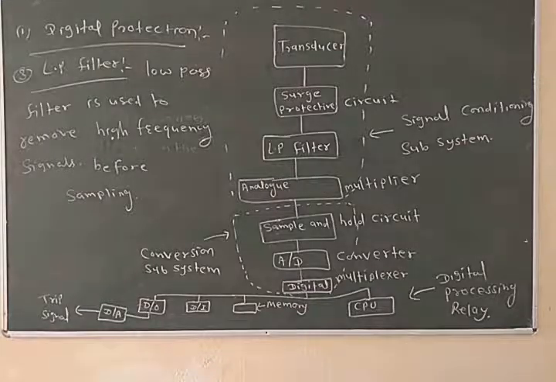An analog multiplexer is a device that selects a signal from one of a number of input channels. Simply, we can say that an analog multiplexer selects a signal from many signals and transfers it to the output channel.